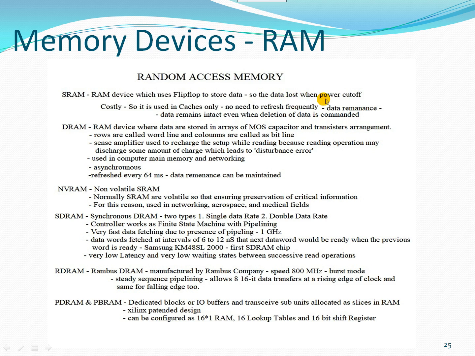Since we use flip-flops for the SRAM, whenever the power is cut off, the data will be lost. Also these SRAMs are costly in nature, so they are used in caches only. There is no need to refresh them frequently.